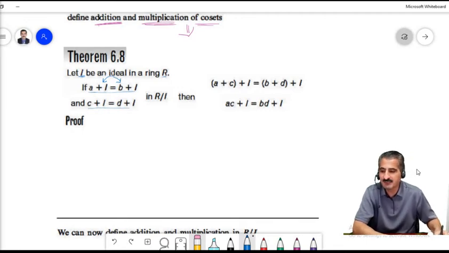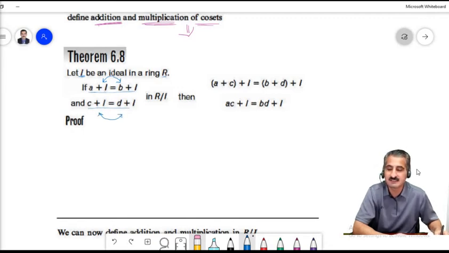The same thing happens here: we have the same coset, but sometimes it is represented by c and some other time by d.